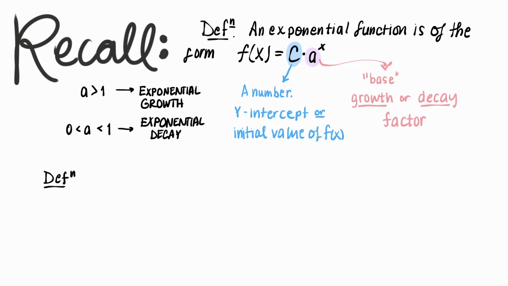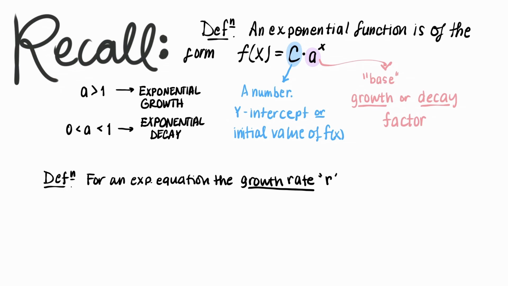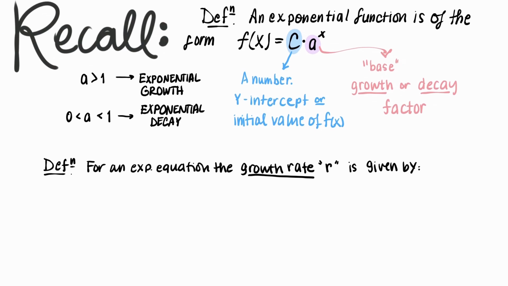We also defined this in class, but for an exponential equation, the growth rate, let's call it r, is given by: a is equal to 1 plus r.